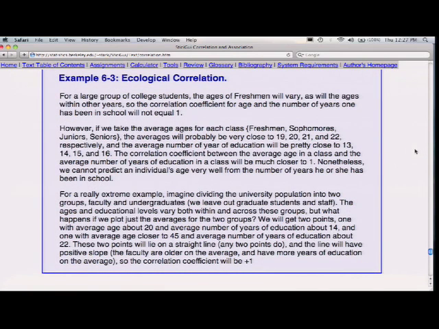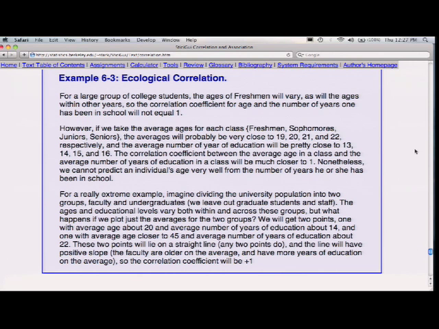So another example of this, if you think about people's ages on average, can I embarrass people by asking, is anybody here, how many are freshmen? A few? Okay, any of you 16? 17? 17?